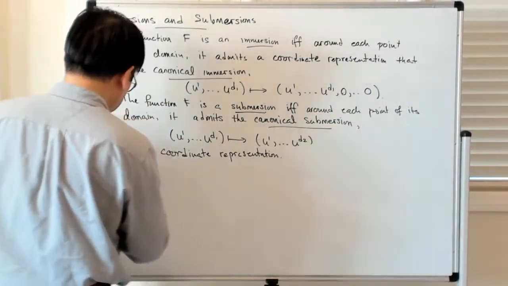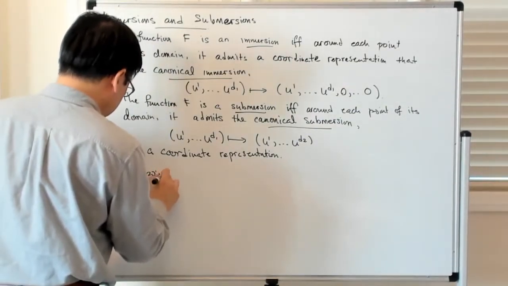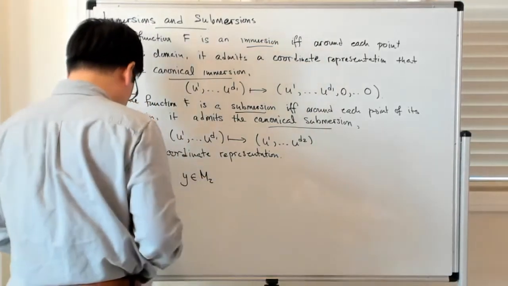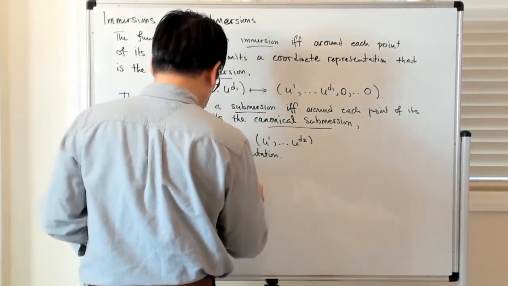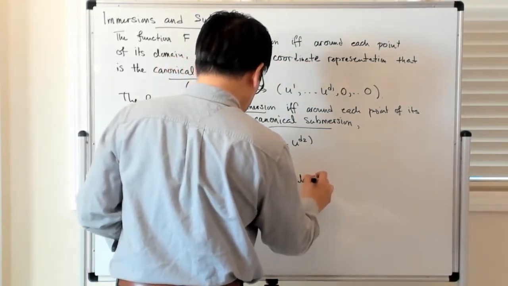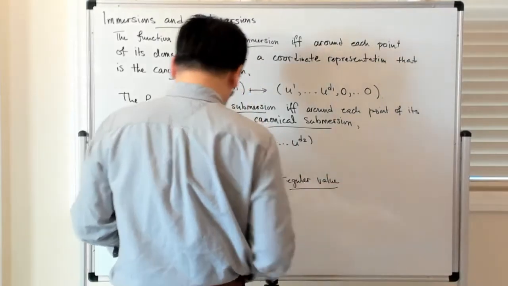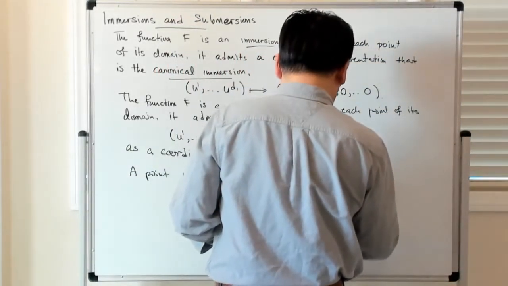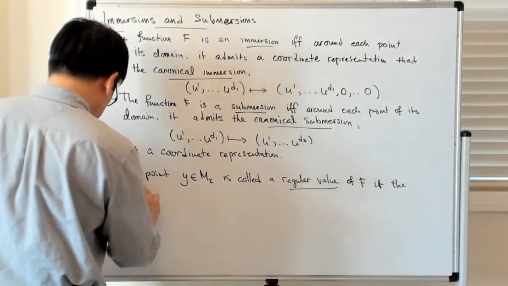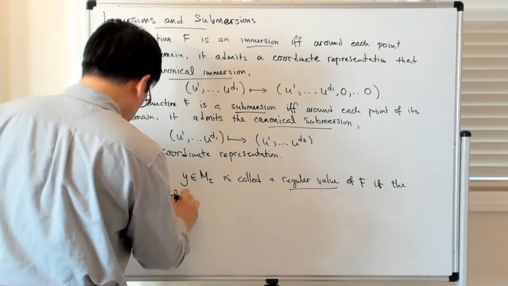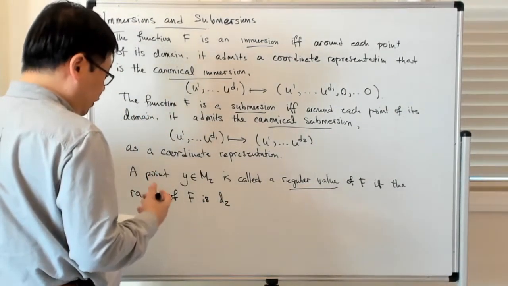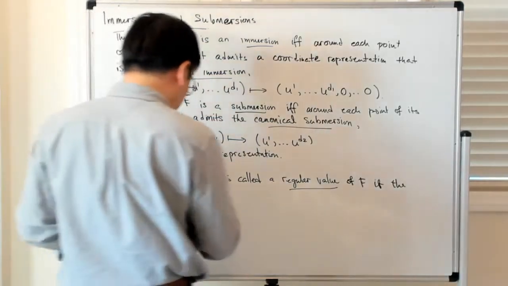The point, let's say y in M2, is called a regular value of f if the rank of f is d2 for every point x in the preimage of y.